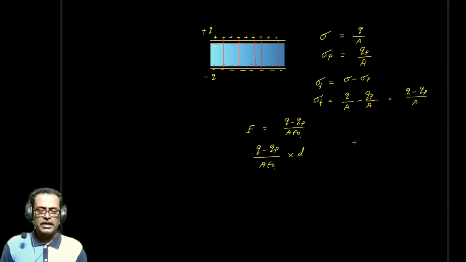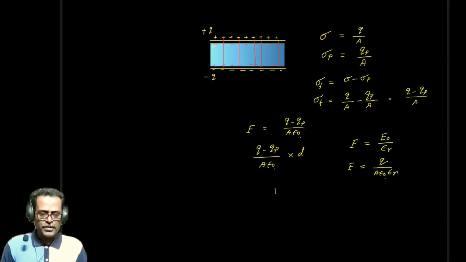And we know that E is equal to E0 divided by epsilon r, that is the dielectric constant or relative permittivity. Therefore, we can say that E is equal to E0 divided by epsilon r, that is Q by A epsilon 0 epsilon r.